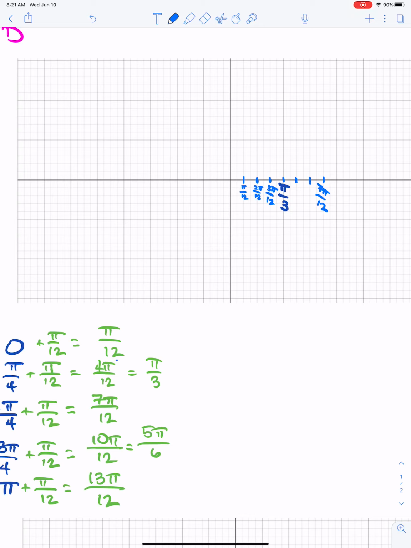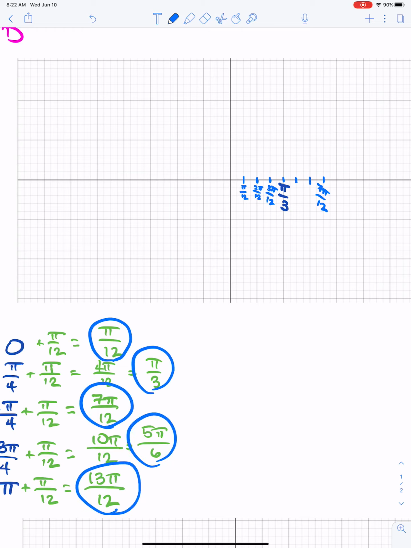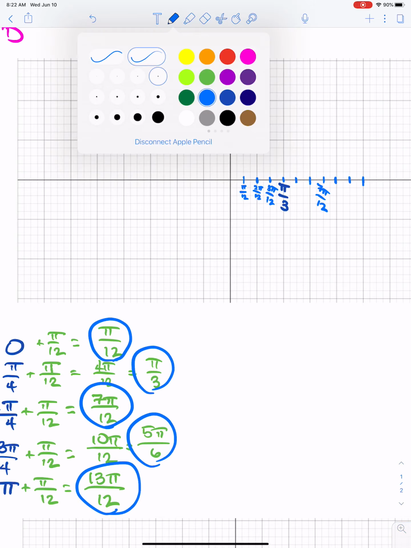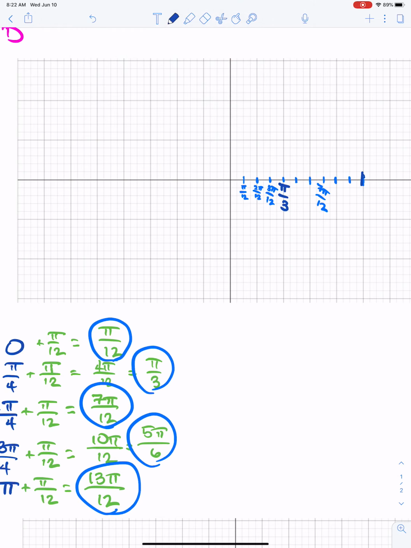So really what I want to make sure is that I know where to find these values on my graph. Okay, so 8 pi over 12, 9 pi over 12, this is 10 pi over 12, or 5 pi over 6. 11 pi over 12, 12 pi over 12, which would be pi.